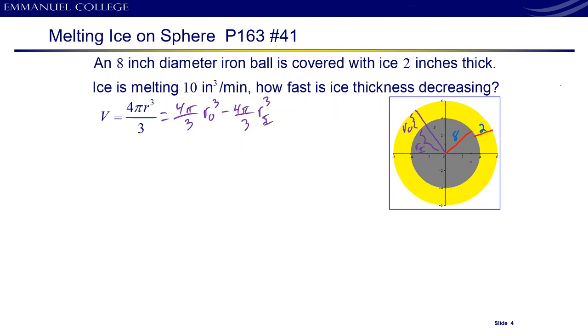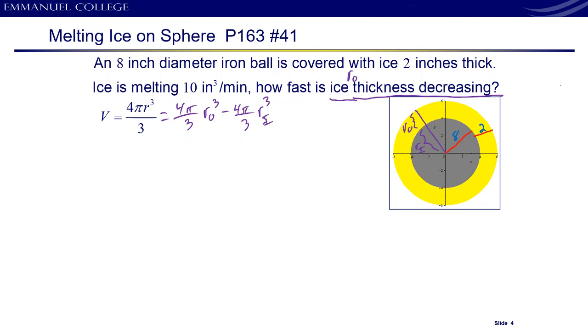So next what I can do is I need to take derivatives because I need to know how fast the ice thickness is decreasing. The ice thickness is the outer layer, not the inner layer.